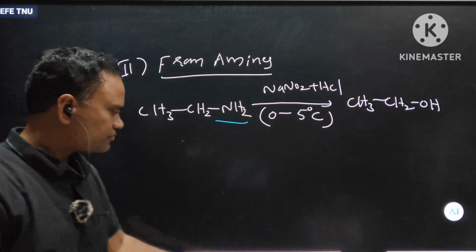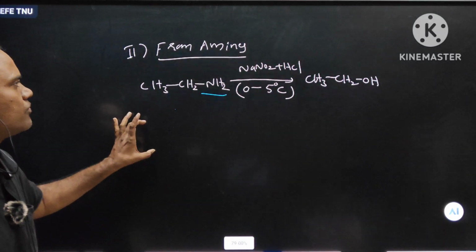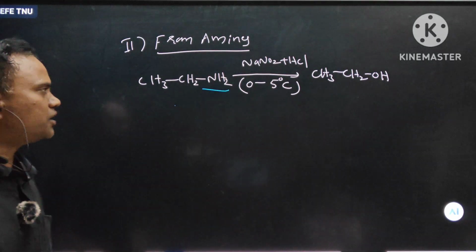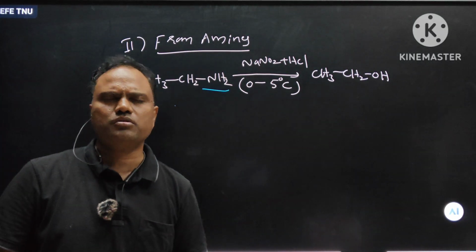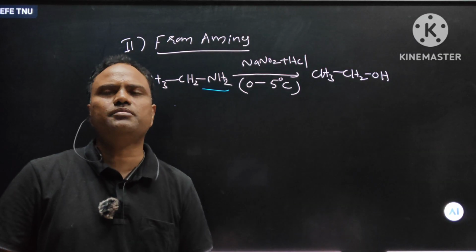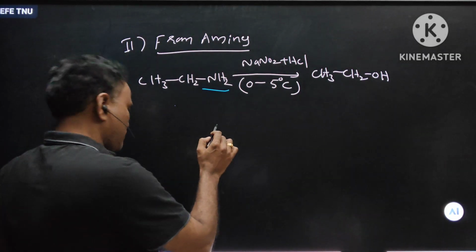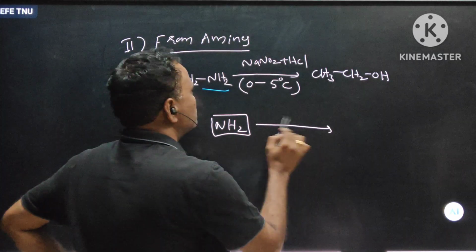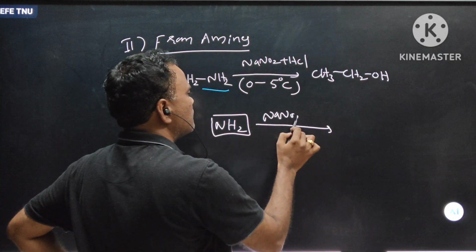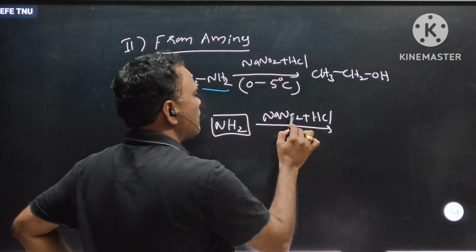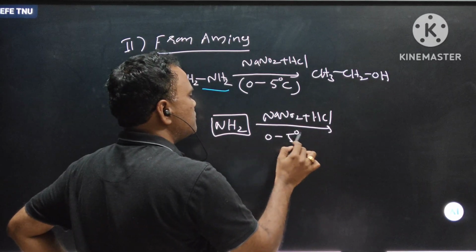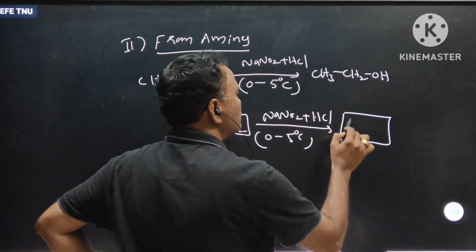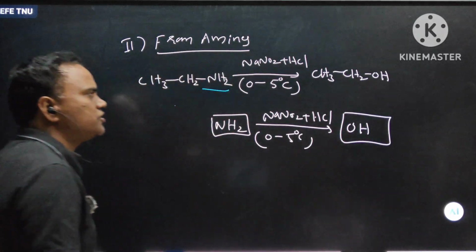I will give the trick and I will give the mechanism also. If you are interested, then learn the mechanism. Otherwise, remember directly. When we use NaNO2 and HCl along with the primary amine at 0 to 5 degrees centigrade, remove NH2 and place OH.